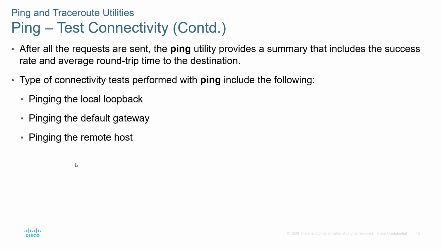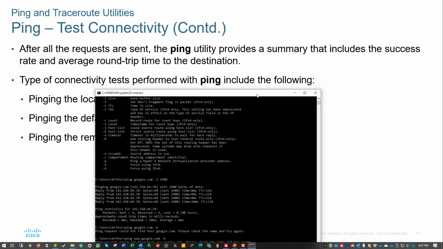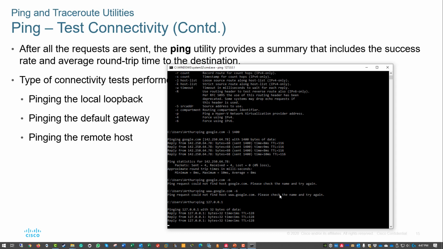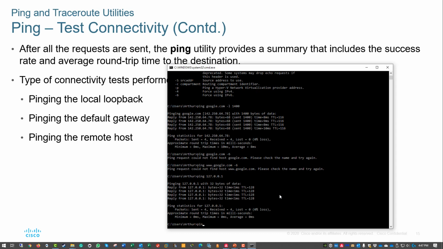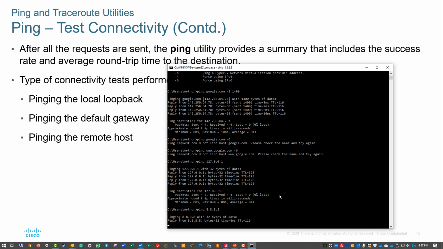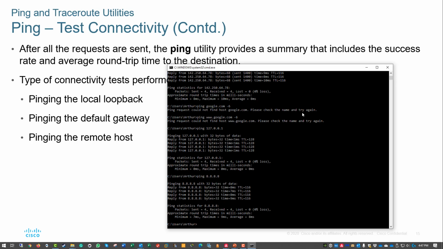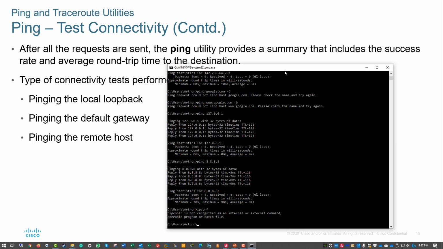So, types of connectivity tests performed with ping. I can ping my loopback address, 127.0.0.1. That is just a clever way of saying ping myself. I can ping a remote gateway either via public IP or by domain name, or I can ping my default gateway. ipconfig.